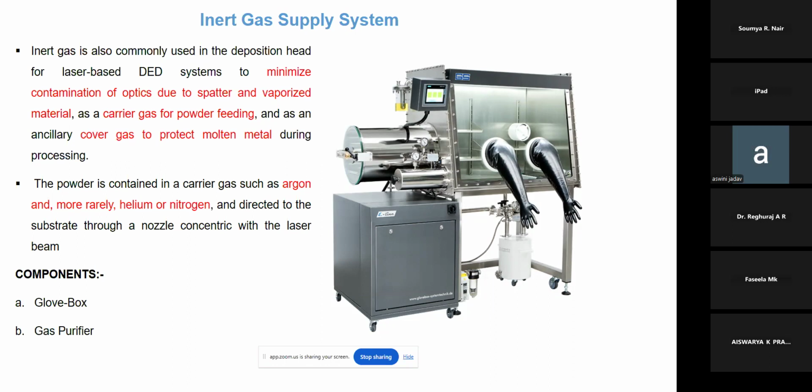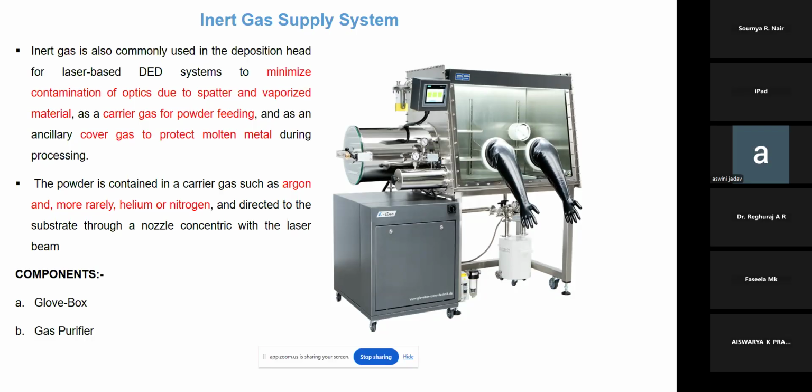The inert gas helps in two ways. One is to carry the feedstock material in powder form. Normally the powder will be carried by an inert gas towards your cladding head, towards your substrate, and the total environment is purged.